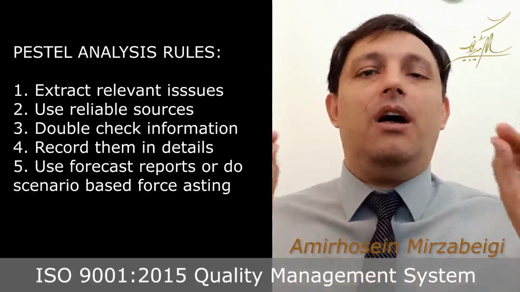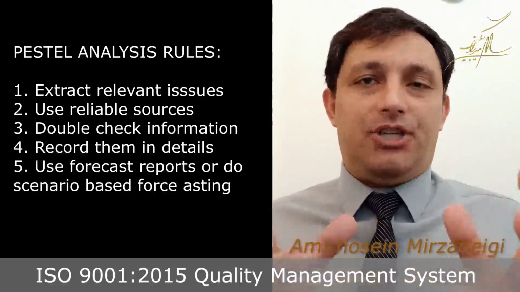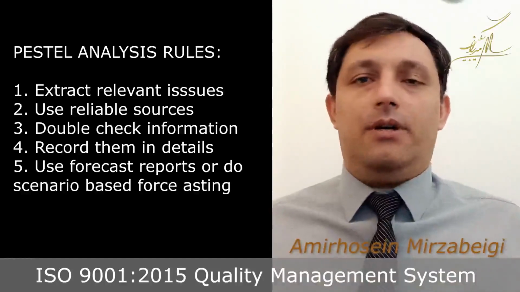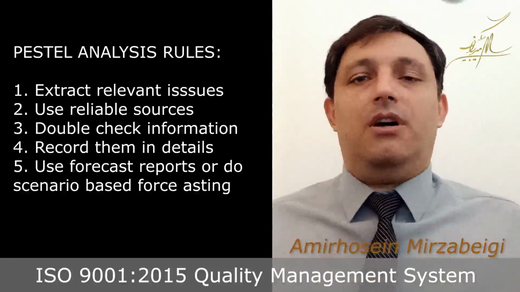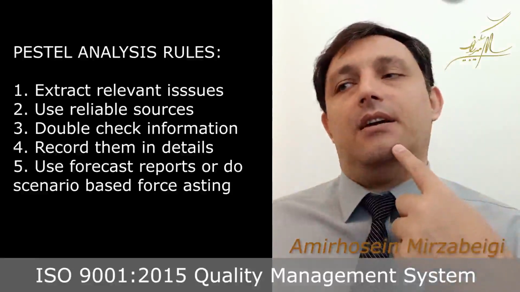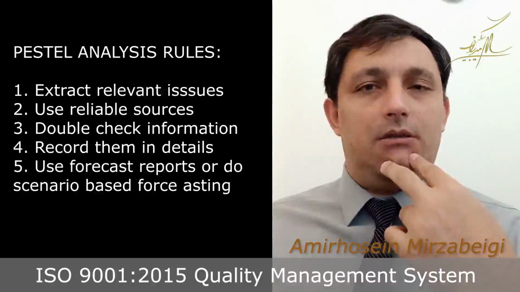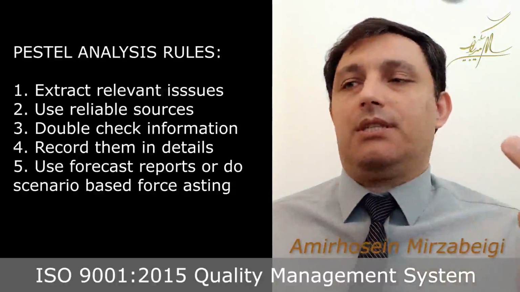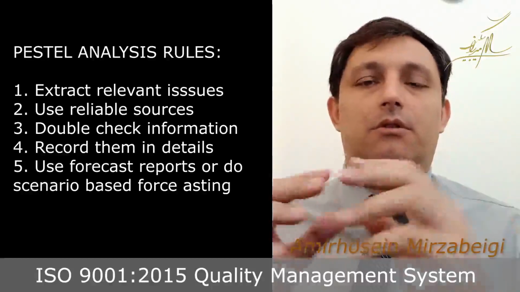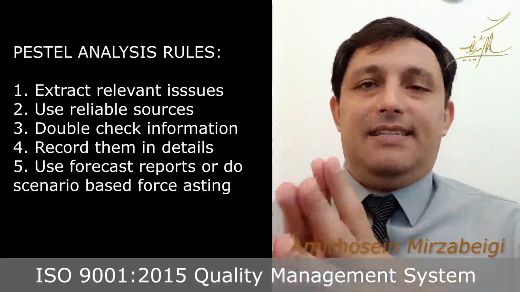You have to use reliable sources, and also you have to double check them and find out whenever the results are contradicting each other. Contradicting results show that something is not right. When two reliable sources say two different things about one issue, it shows that a discrepancy exists.